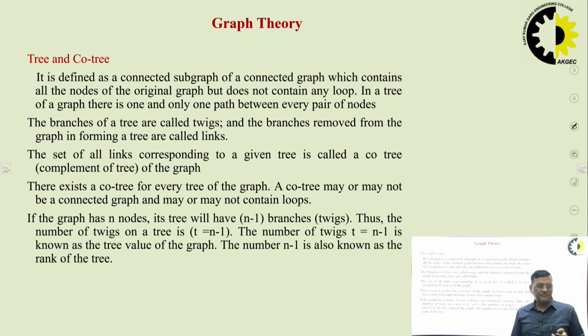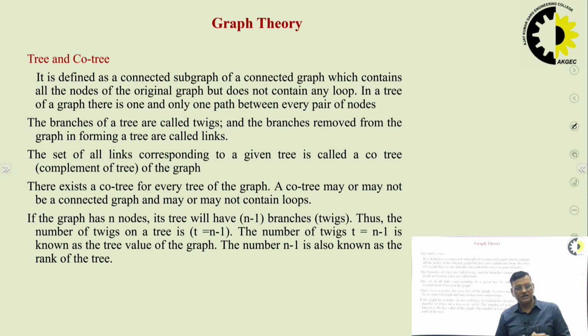Suppose the graph has n nodes. Its tree will have n minus 1 branches, which are called twigs. Thus the number of twigs on a tree is n minus 1, which is known as the tree value of the graph, and the number n minus 1 is also known as the rank of the tree.